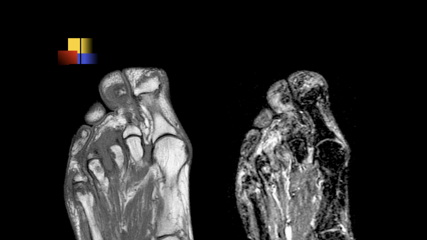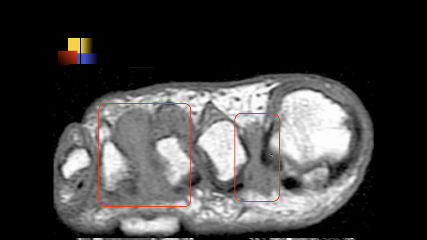Okay, Ashley, what do you think of this one? Looking here, it almost looks like there is a mass between the third and fourth metatarsal heads. It has a heterogeneous T2 signal, low T1 signal. The first thing you think about is a Morton neuroma in this location. And there's another one between the first and second metatarsals.